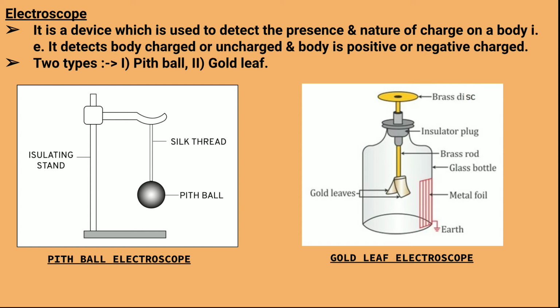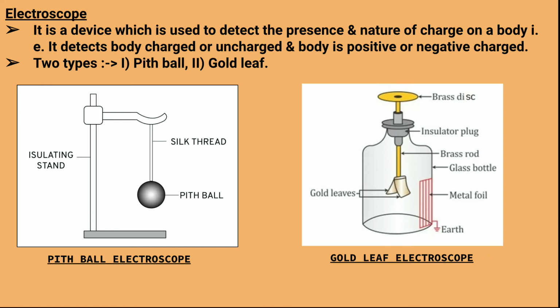Next is the gold leaf electroscope. Gold leaf electroscope has a brass disc. That disc is inserted into a glass bottle. That brass disc has a brass rod also, which is inserted inside this glass bottle.